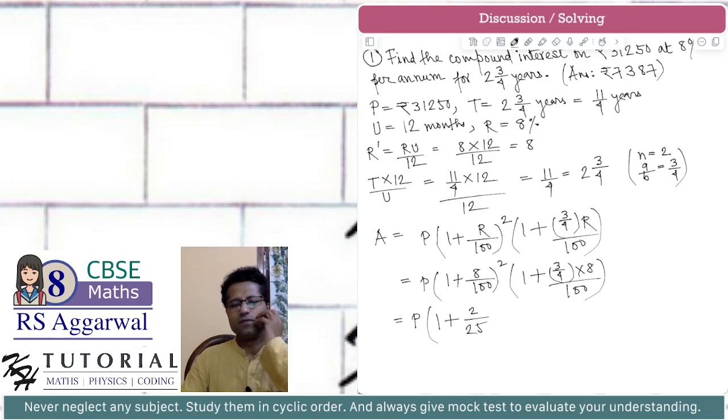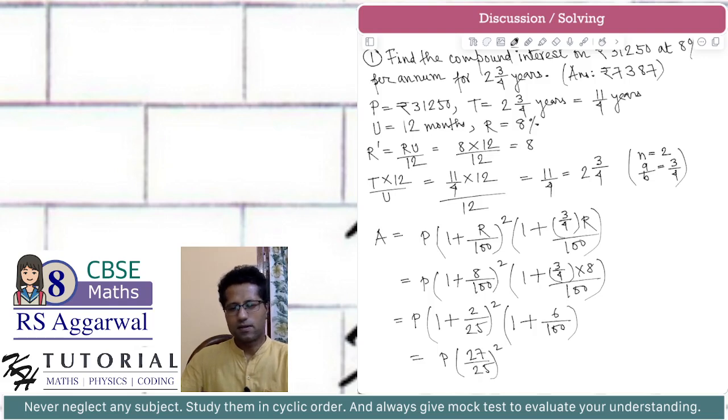2 by 25 squared, and we have 1 plus 6 by 100. This is equal to P. 1 plus 2 by 25 is 27 by 25 squared, and this is 1 plus 6 by 100, which is 53 by 50.